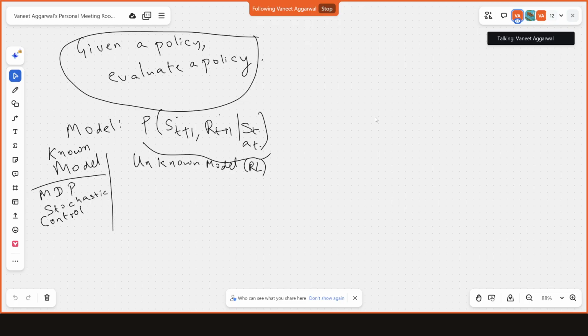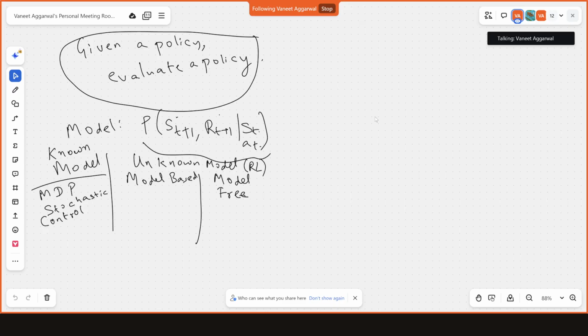In reinforcement learning, we then divide it into two categories. One is model based and another is model free.